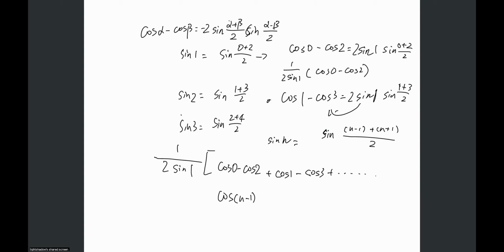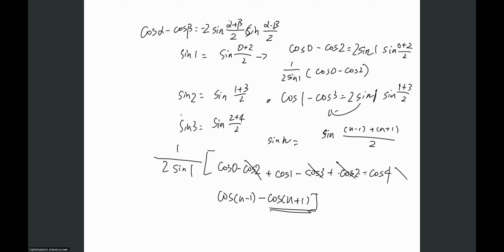So actually this is cancelled out, this is cancelled out, this is then cancelled out, and this is cosine n plus 1.